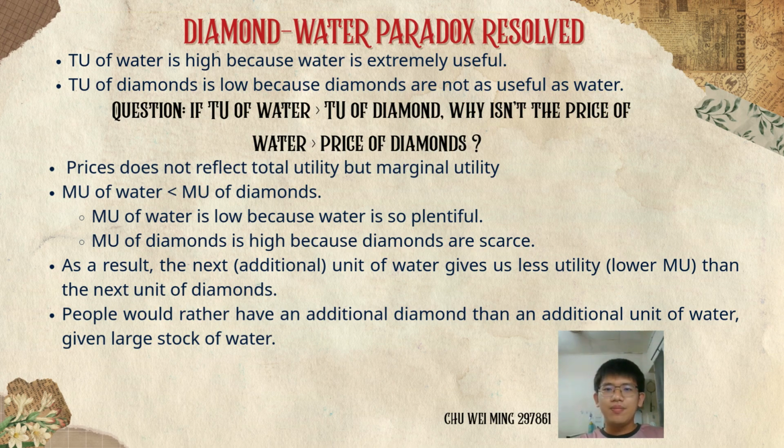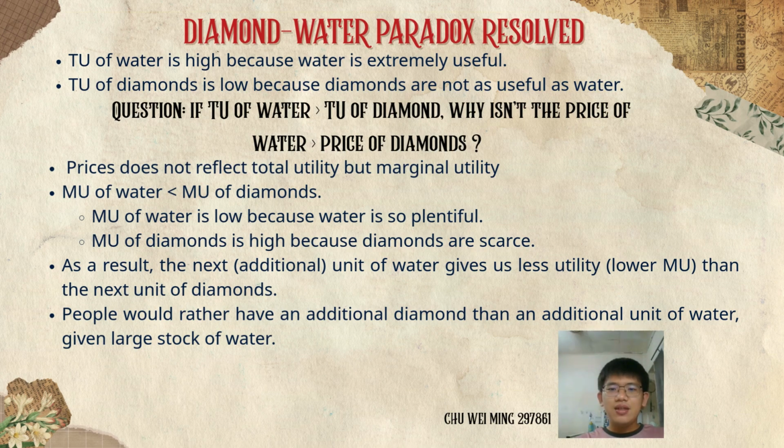To solve the question, we must know that price does not reflect total utility but marginal utility. The marginal utility of water is less than the marginal utility of diamonds. The marginal utility of water is low because it is plentiful, but the diamond is scarce.